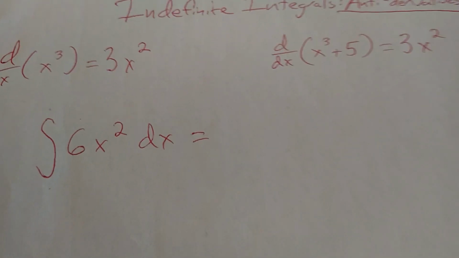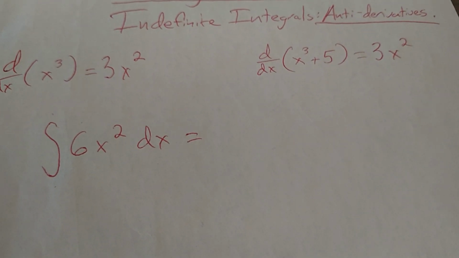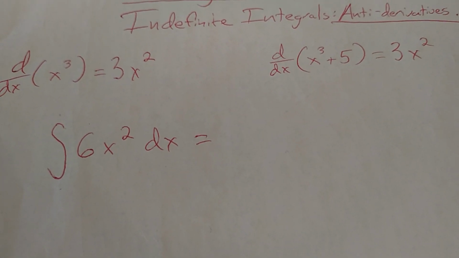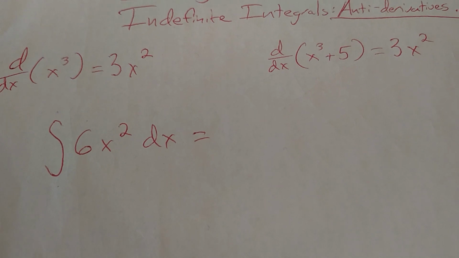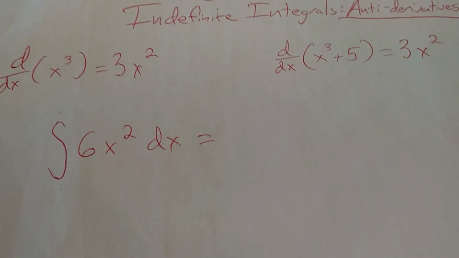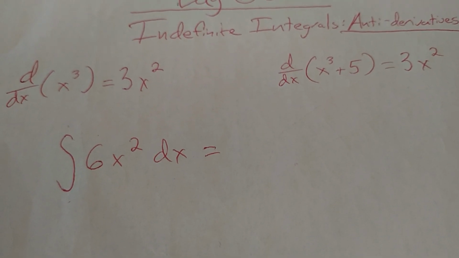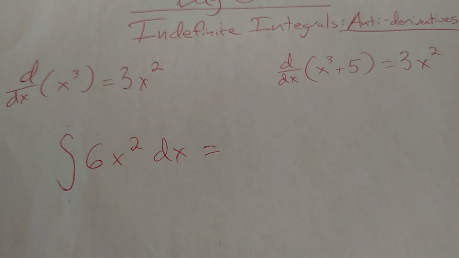One thing we have to consider here is that when we do derivatives of x to a power, we always end up reducing the power by 1. X cubed became 3x squared. So we know that our function is going to be something times x cubed.